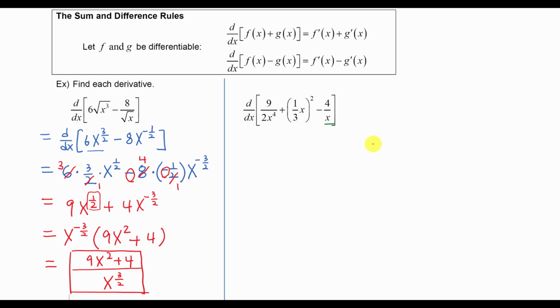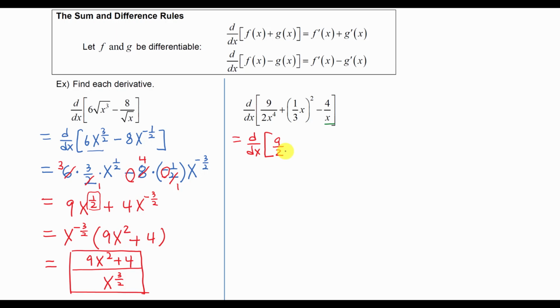Let's do the next one. Derivative of 9 over 2x to the 4th plus 1/3 x squared minus 4 over x equal to, again, let's rewrite them so that it's easier to take the derivative of. And that's equal to 9 over 2 is a constant multiple, so you can pull out as a 9 over 2.